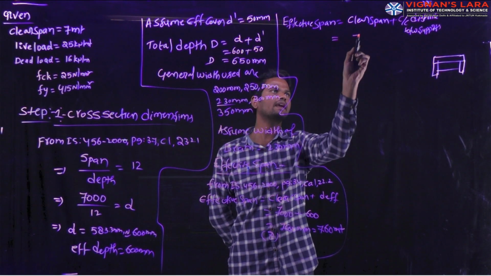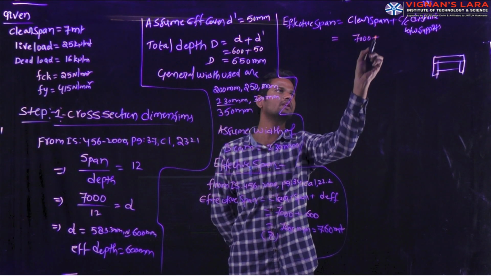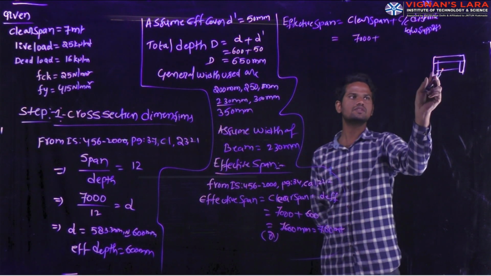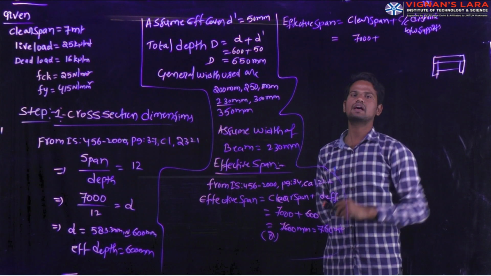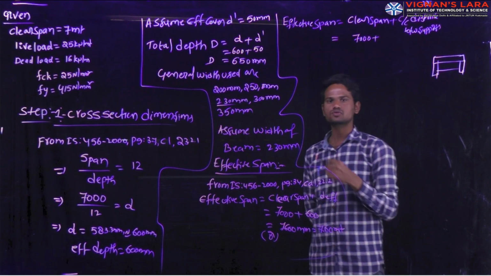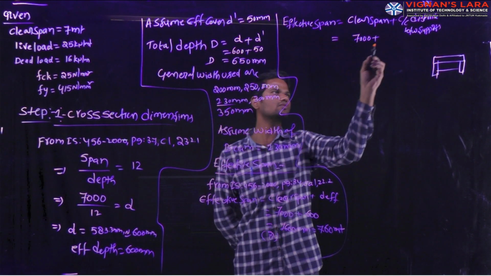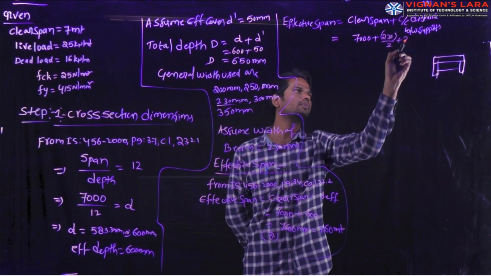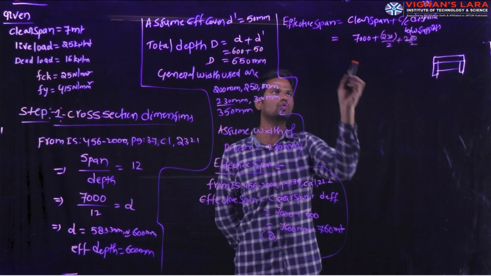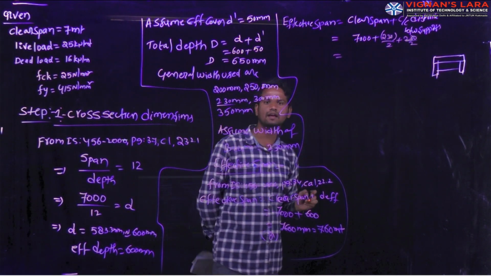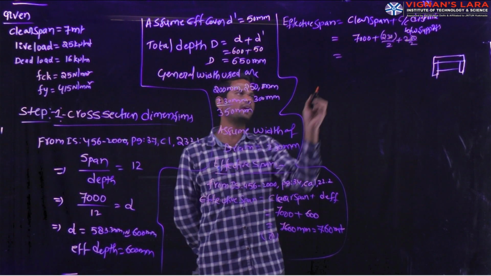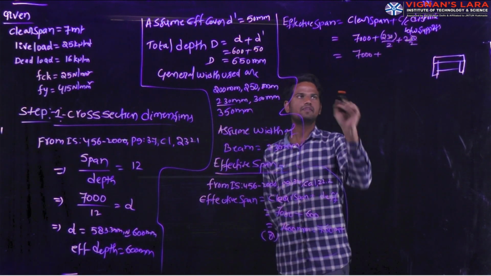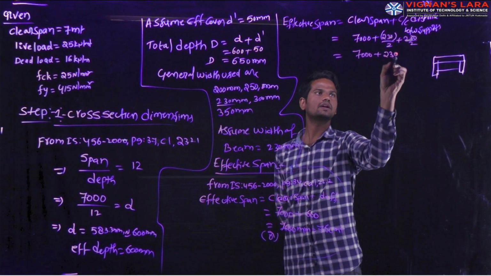The clear span is again given in the problem as 7000 mm, or 7 meters, and for the center to center distance, the width of the support is 230 mm on this side and 230 mm on the other side. That means 230 divided by 2 plus 230 divided by 2. So we take 7000 plus half of this and half of this, and finally you get 230 mm.